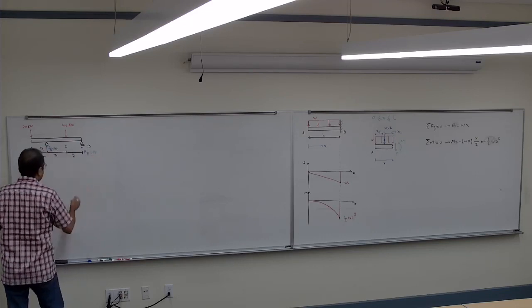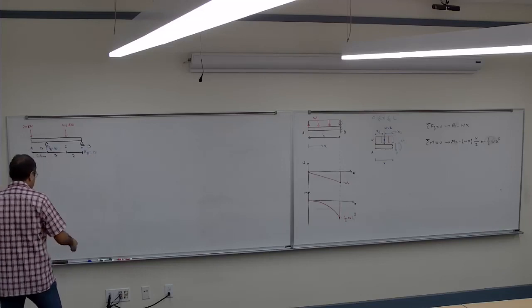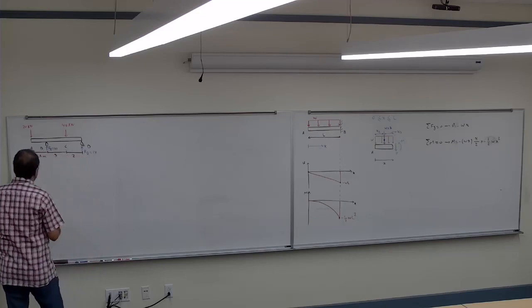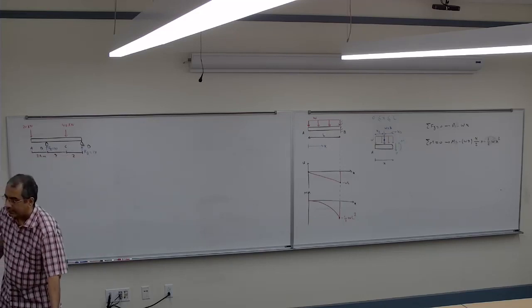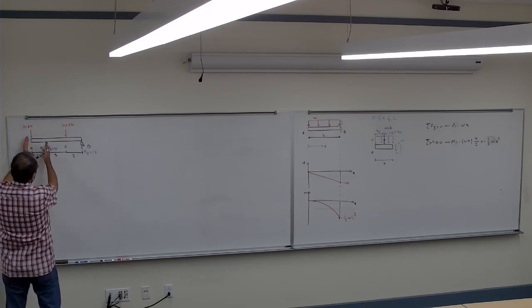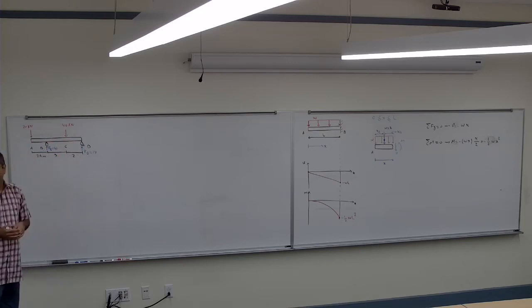So if you do the calculation, you will find those for the reaction of the support, and then we have to cut it. So how many times do I have to cut that? I have to cut it between these two forces, and between these two forces. So I have to cut it 3 times.